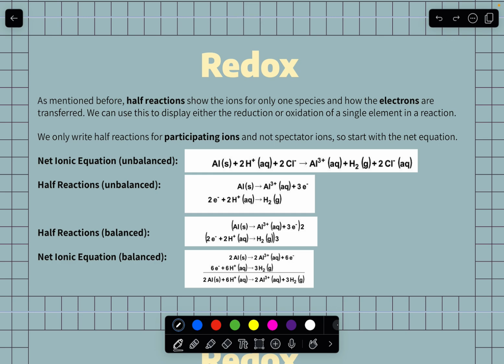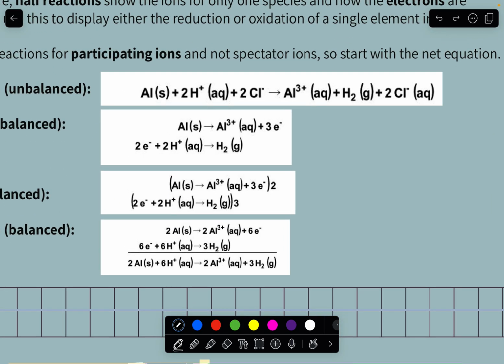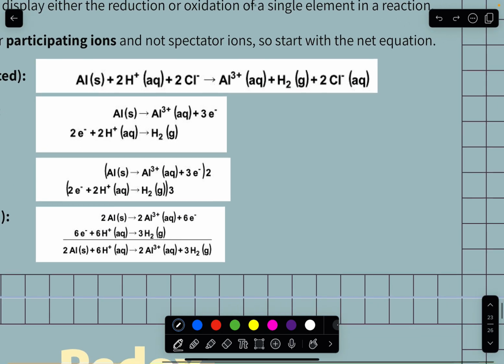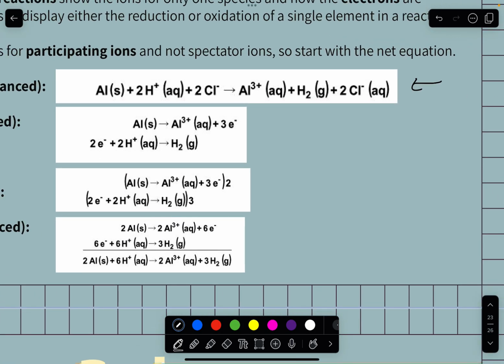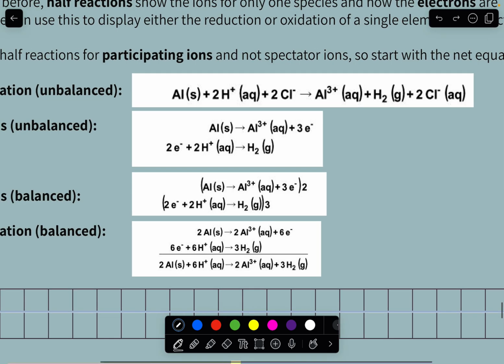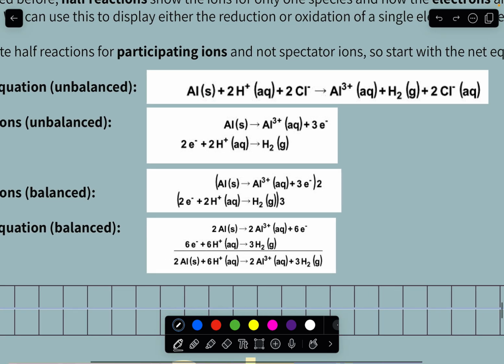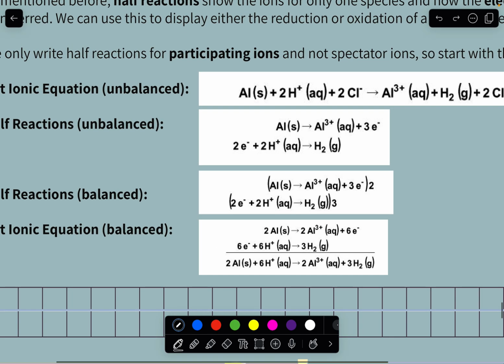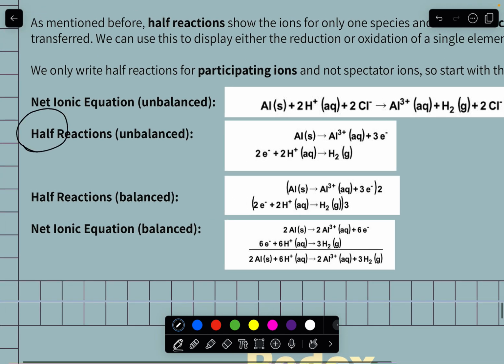Half reactions, we are only looking at one species at a time, right? So if we have this reaction here, we have aluminum plus HCl split apart into the ions, making aluminum ions and H2 gas with the chloride ions. Okay, so we can split this into two pieces, the half reactions.